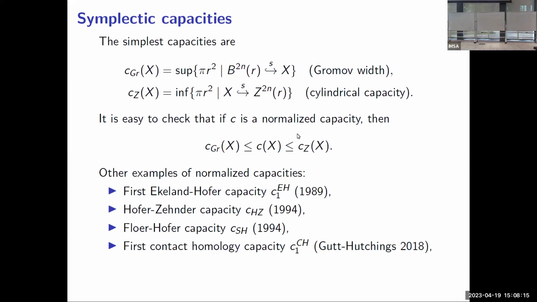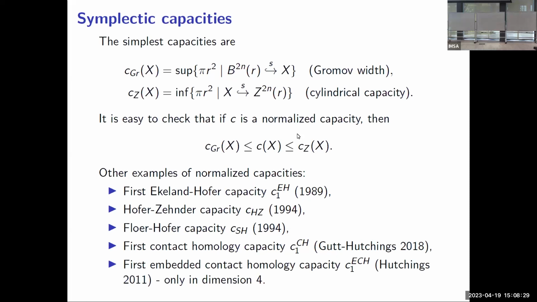It turns out that this capacity actually coincides with the first Ekeland-Hofer capacity. And also both are sequences of capacities that coincide for at least star-shaped domains. And finally, I just want to mention that there's a capacity in dimension 4 that's very powerful, coming from embedded contact homology. Okay, so here is a list of normalized capacities.